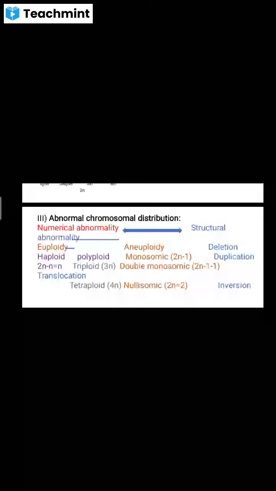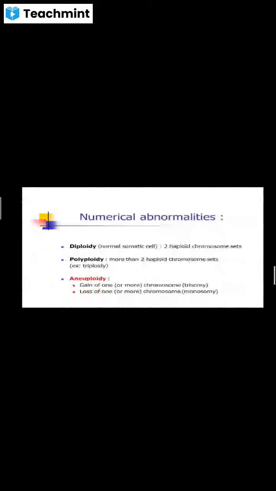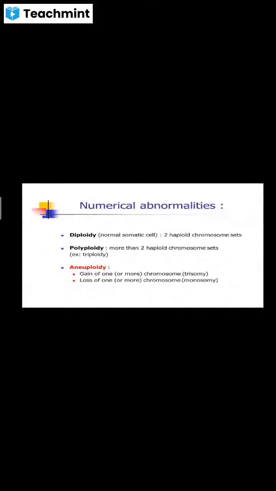The second main type of chromosomal aberration is structural abnormality. This mostly happens due to deletion, duplication, translocation, and inversion. Numerical abnormalities mostly affect the two haploid chromosome sets.